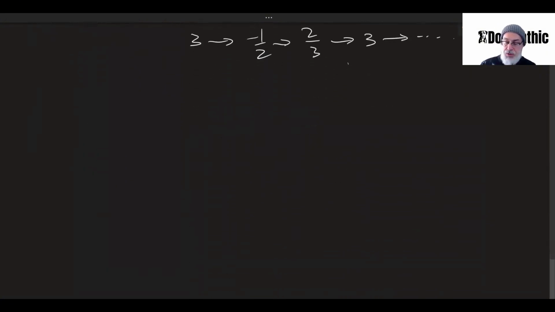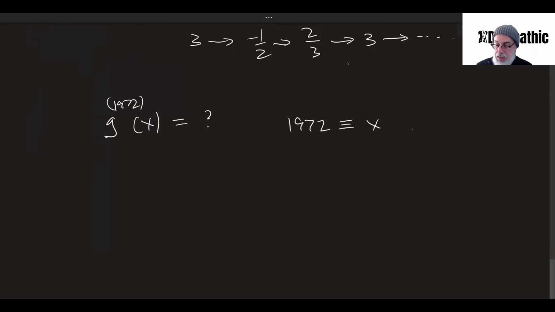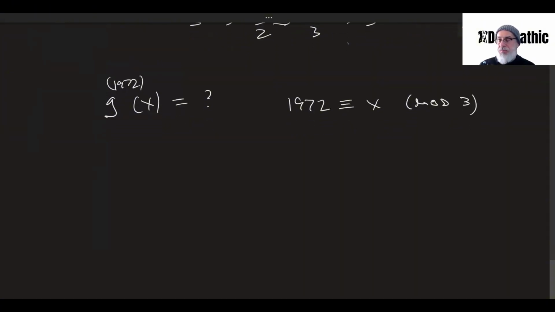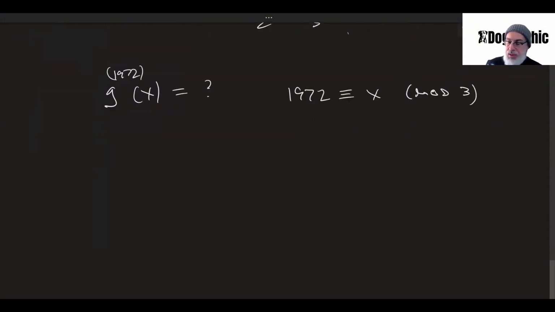So now this question of what is g composed with itself 1,972 times is just a question of what is 1972 congruent to mod 3. Again, there's many techniques you can use to do this.